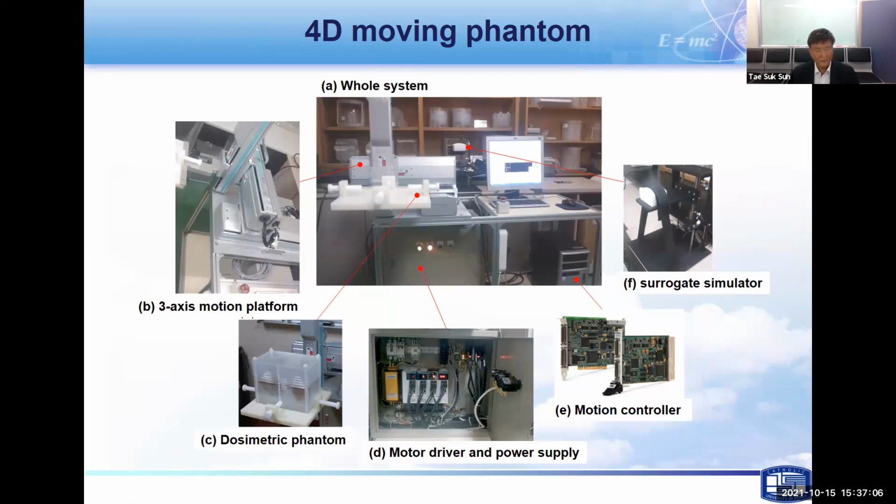And this figure shows a component of the 4D moving phantom, actually XYZ axis motion platform, and AC servo motor can control the 3-axis motion platform, and a dosimetry phantom and imaging phantom can be placed on the platform to estimate the position of the target and dose.